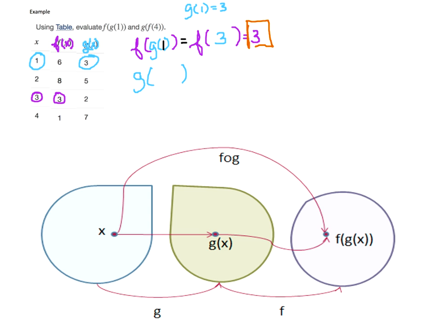g of f of 4. So now f is my plug-in, g is my shell. So I'm going to start with my plug-in. You work inside out here. So f of 4 is 1.